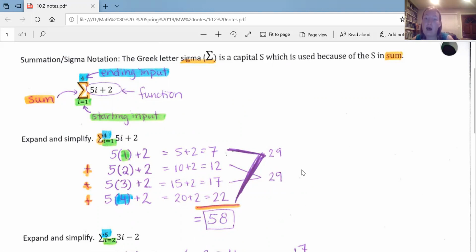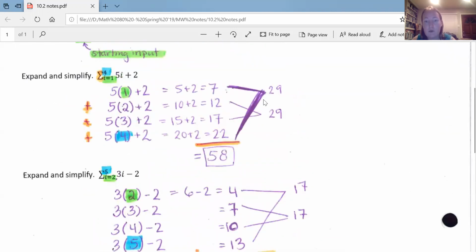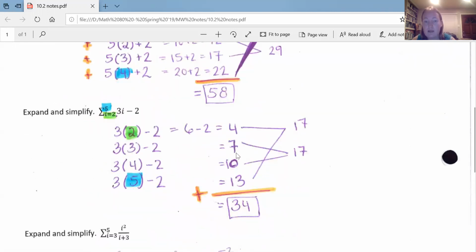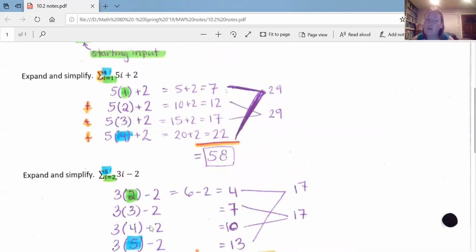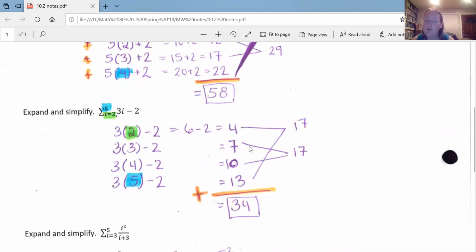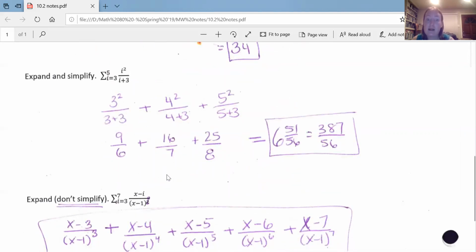Because of that, we have a pattern that allows us to come up with a formula to describe that pattern. So you can see here, this one was 29 and 29. This one is 17 and 17. And so we have 2 17s. It gives us 34. And it's not always 2. This one I just stopped with 4 terms. That's why there's 2 of these and 2 of those. But we will generalize it in a minute.